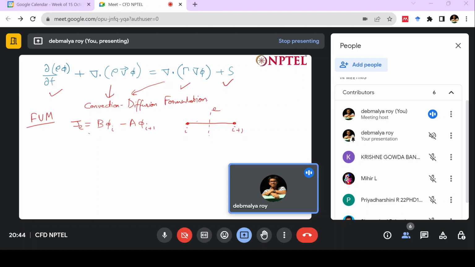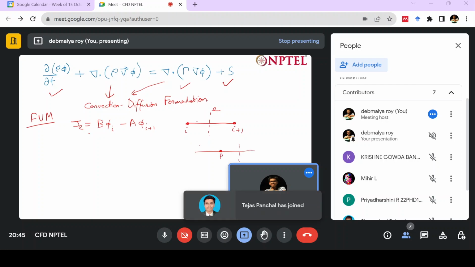What you will basically do is integrate over the whole domain these control volumes, and then try to match these fluxes. Suppose for a particular P, there are two interfaces, it's a 1D problem, E and W are the interfaces, and there is no source term.